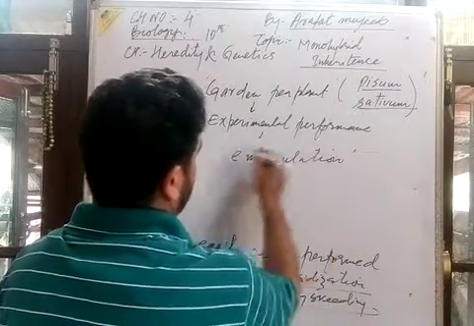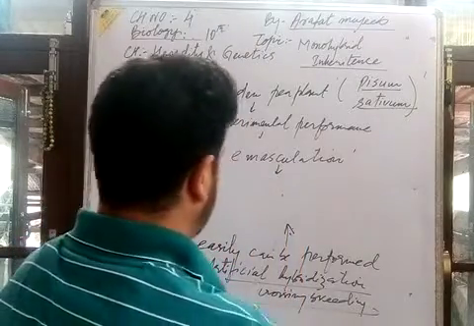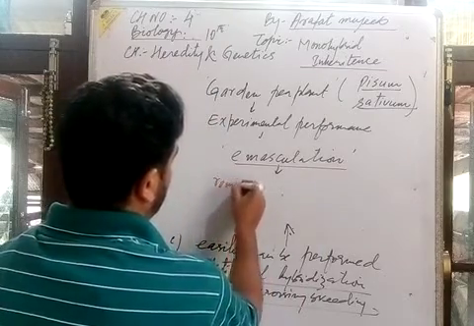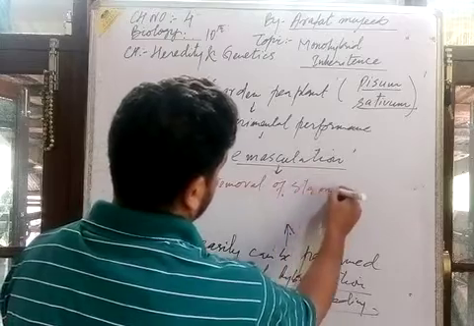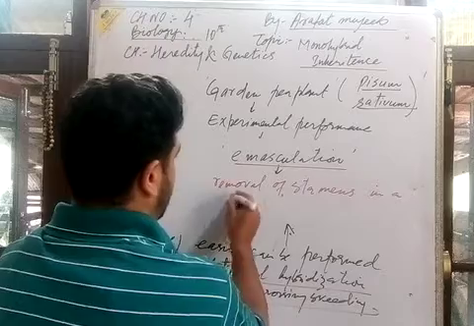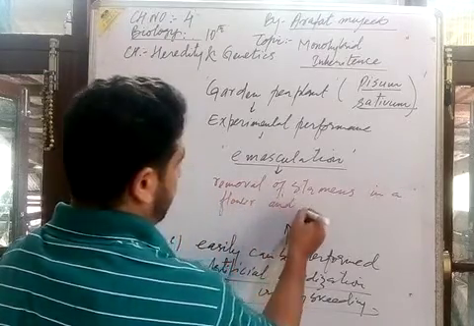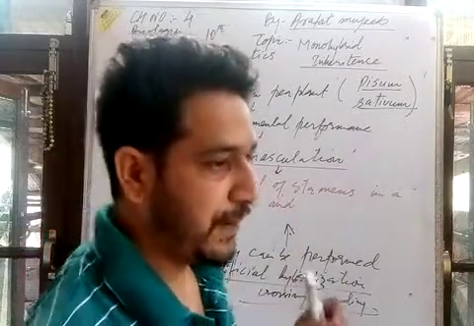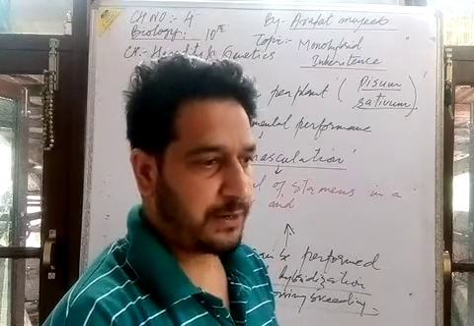What is emasculation? What happens in this process? We remove the stamens in a flower. The stamens are the male parts in a flower.